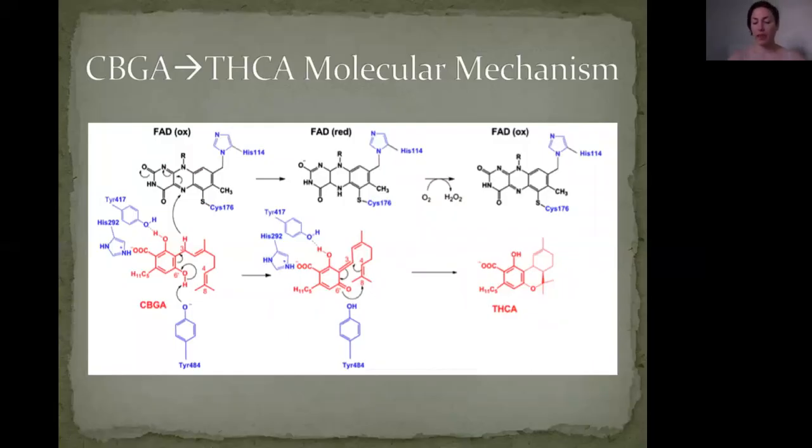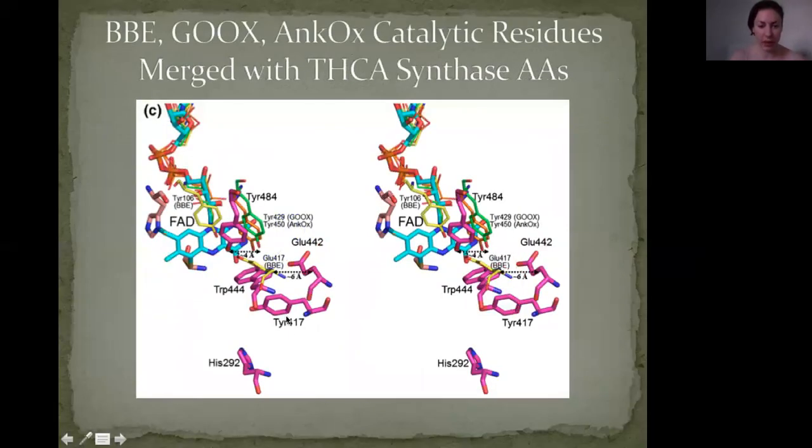So what they figured out was that the hydroxyl groups of the tyrosine 417 and tyrosine 354 are directed in the opposite direction of the FAD moiety. So they determined that they're probably not responsible for the deprotonation or the hydride transfer. However, they did determine that the glutamine 442 corresponds to the catalytic residue of the glutamine 417 of BBE.